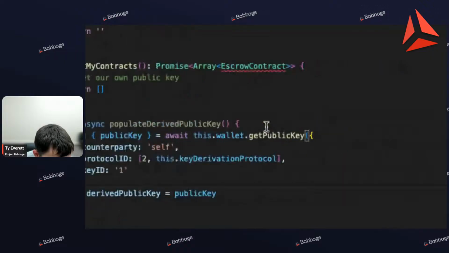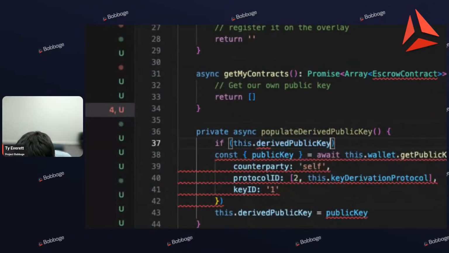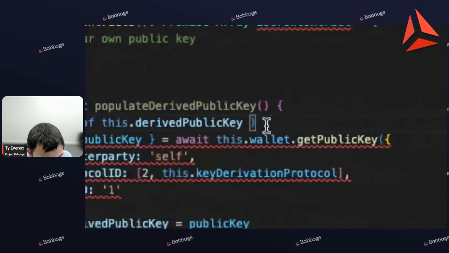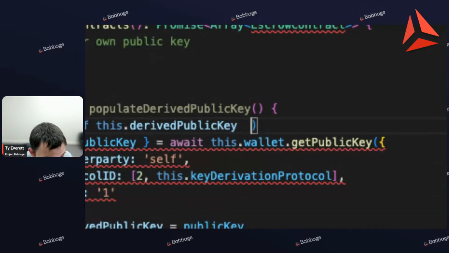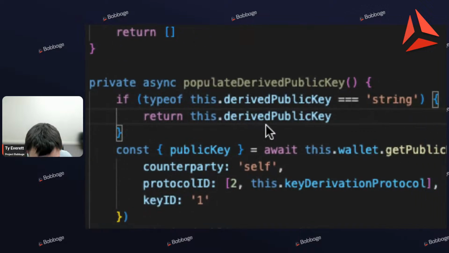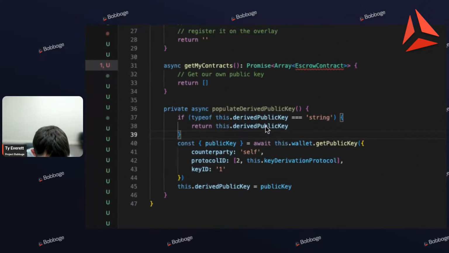However, this is already a string. May as well do that. Okay? So it only does it once.